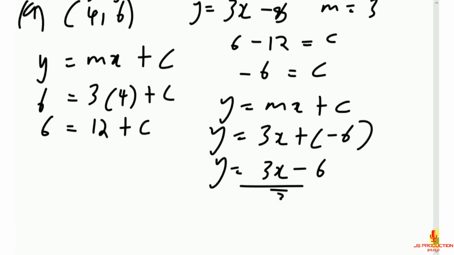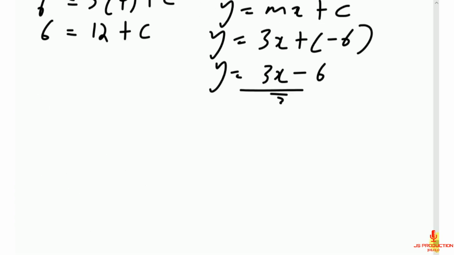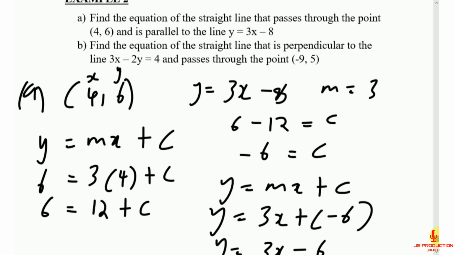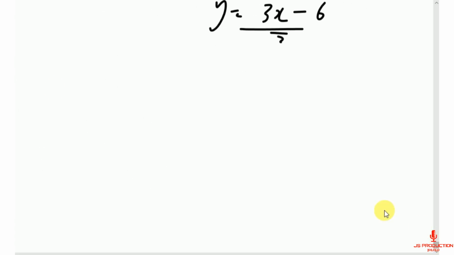What about B? For B, we've been told to find the equation of the straight line that is perpendicular to the line 3x minus 2y is equal to 4 and passes through the point (-9, 5). So that is perpendicular to 3x minus 2y is equal to 4.